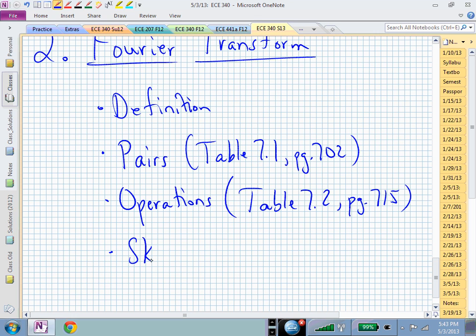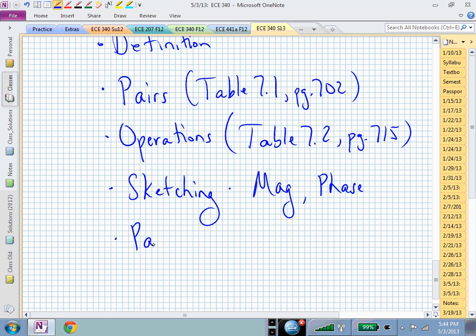And you should be able to sketch the magnitude and phase of this frequency content given to you by the Fourier transform, and also know how to obtain the energy in a waveform or in a signal by using Parseval's theorem.